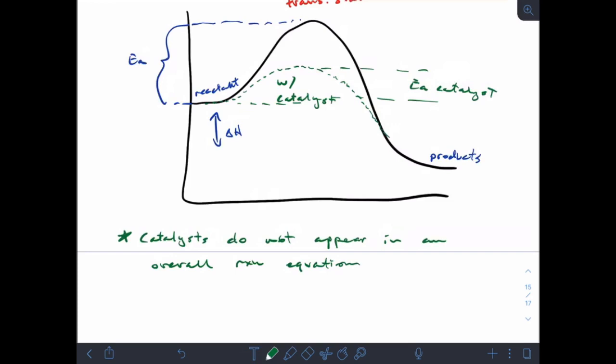When we combine our reactions, the result should not have a catalyst appearing in it. Okay, and we'll see why here in just a minute.